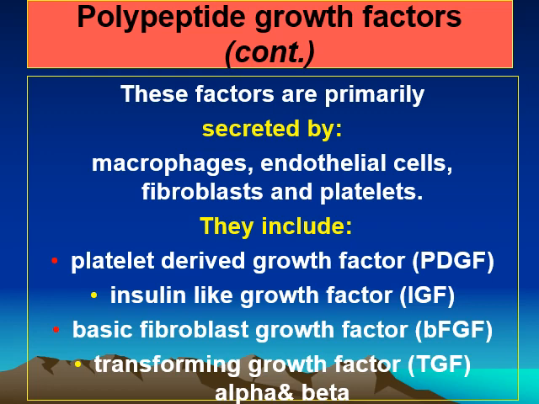These factors are primarily secreted by macrophages, endothelial cells, fibroblasts, and platelets. They include the platelet-derived growth factor, the insulin-like growth factor, basic fibroblast growth factor, and transforming growth factors alpha and beta.